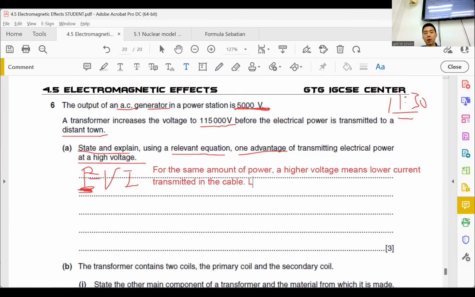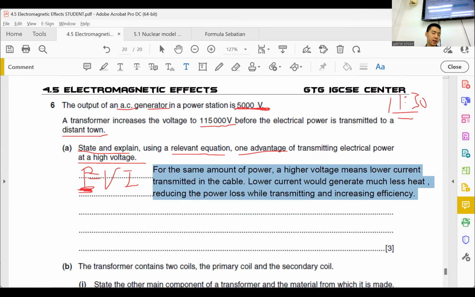Basically, lower current generation or much less heat, reducing the power loss. Something along these lines.